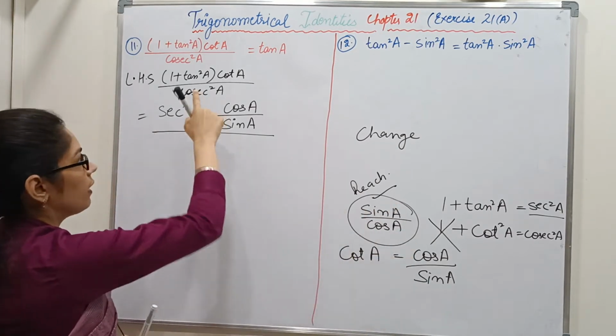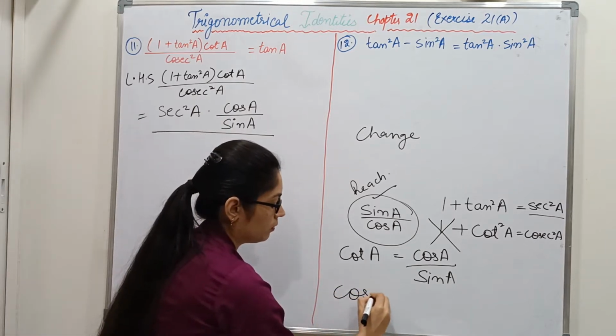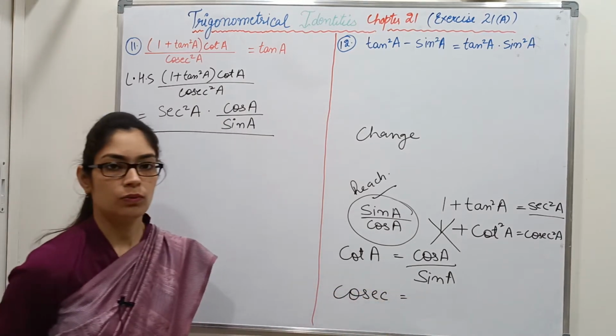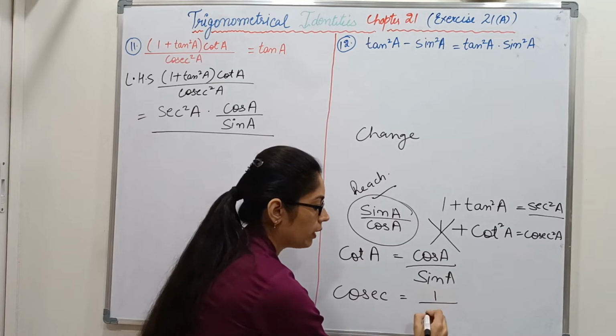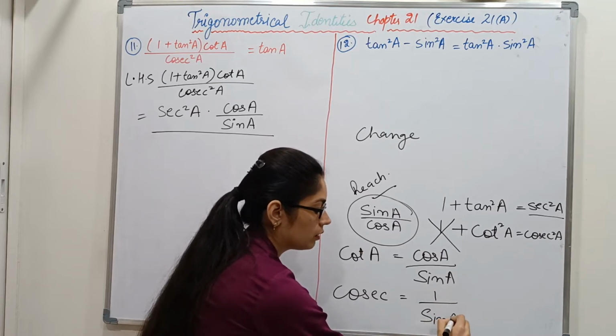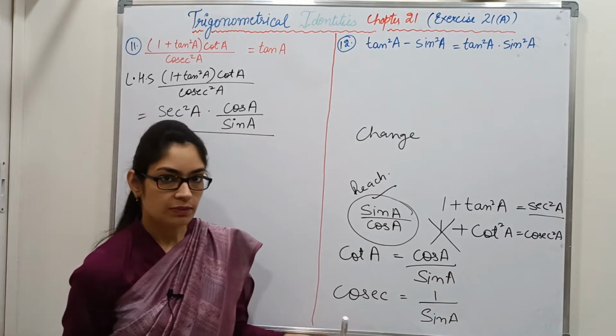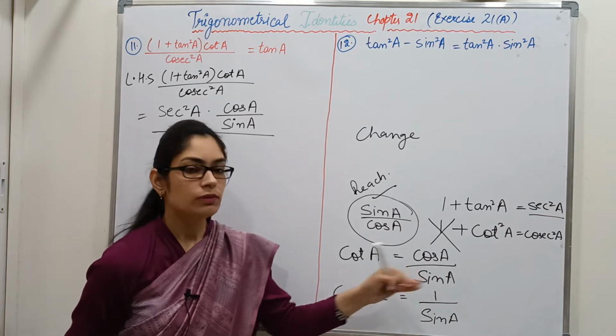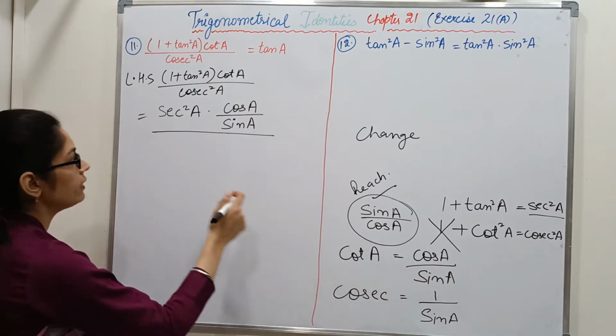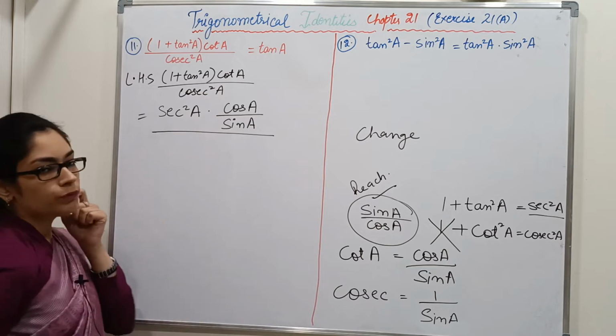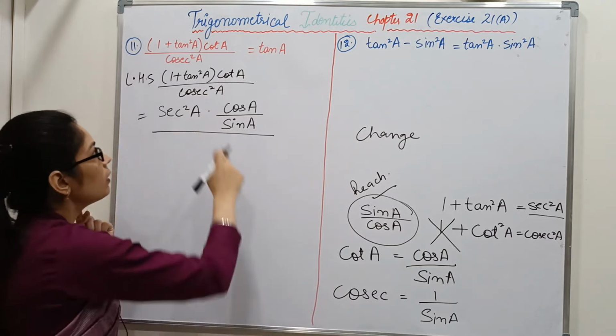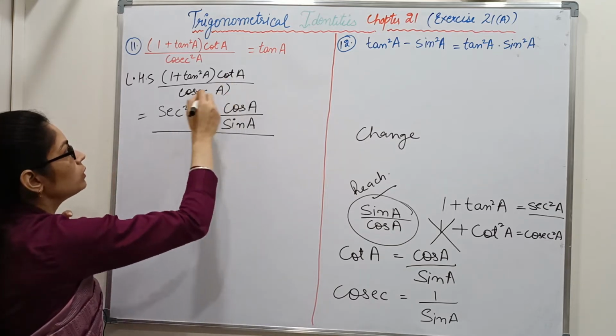So this cosecant is also equal to 1 by sin. In reciprocal relations we have learned that cosecant is equal to 1 by sin. So let's change it to that, because cosecant square actually means whole square.